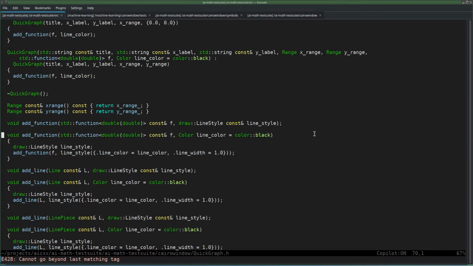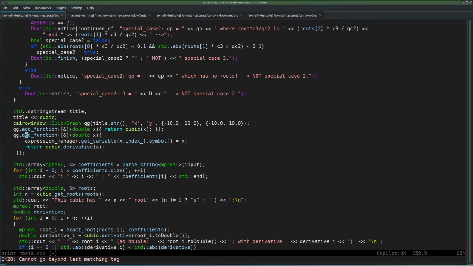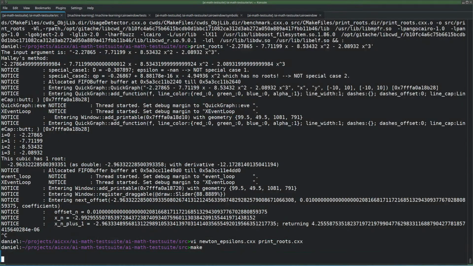I have color black here, so I can just use color red or something. Yes. Copilot is doing its thing again. It heard me say red. Let's see if this compiles and I still draw the derivative, but now in red. Let's see if that all works.